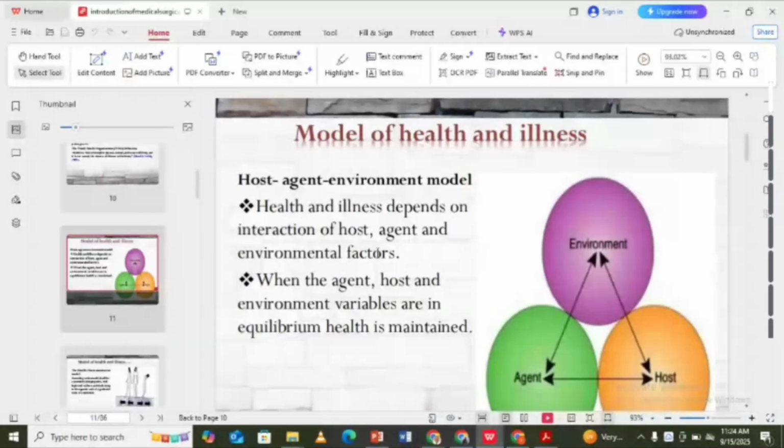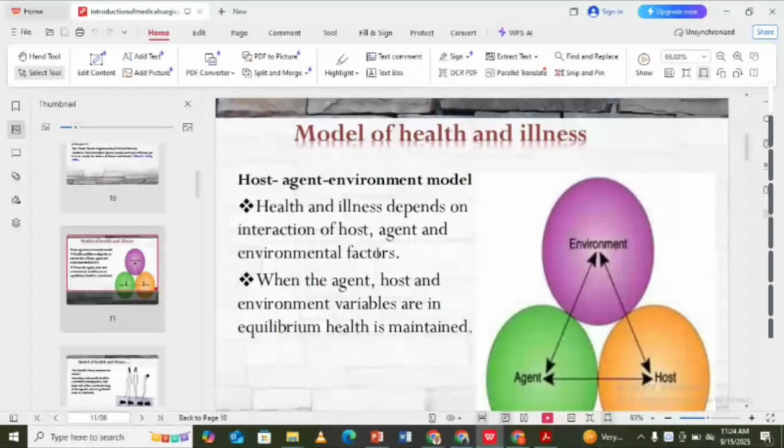Various models of health and illness, which you've talked about, I'm sure this has been discussed, in various of the courses you've done thus far. Host agent environment model, where health and illness will be dependent on the interaction of the host, the agent, and the environmental factors. When the variables are in equilibrium, then health is maintained.